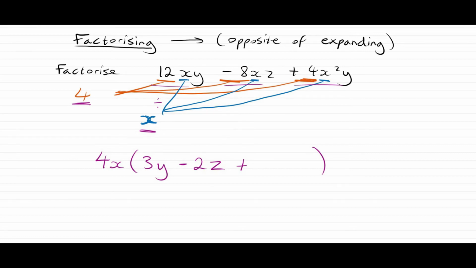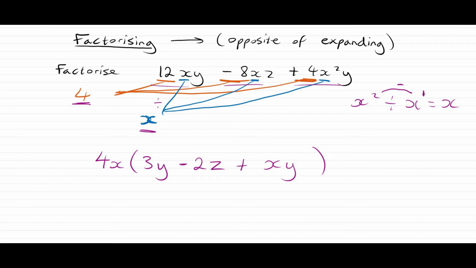And x squared divided by x, from earlier in the course, if you have x squared and you divide that by x, you subtract the indices. The x is just like having x to the power of 1. So 2 take away 1 gives you just 1. So it just leaves you with an x, okay? So you have an x and then you have a y, okay? And that's the answer, pretty much.